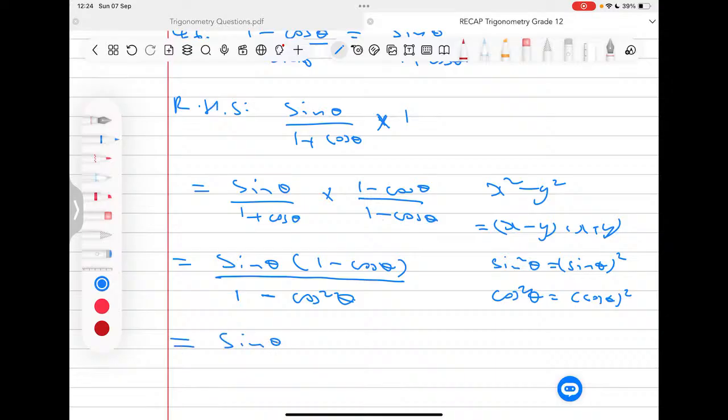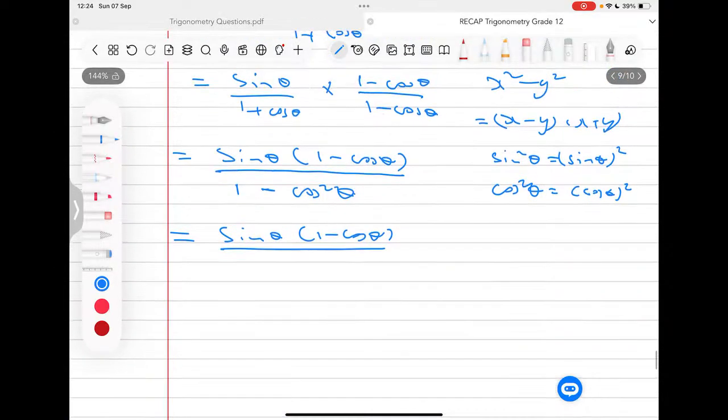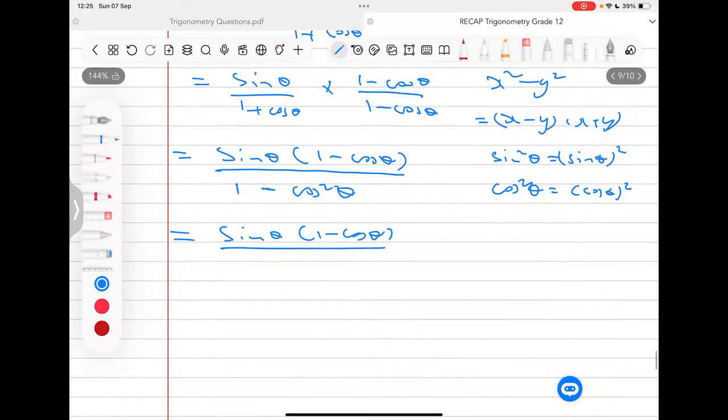We'll say here we have sine theta 1 minus cos theta all over, now this would be the same as having, no, let's see. No. This question is going in a different direction now.